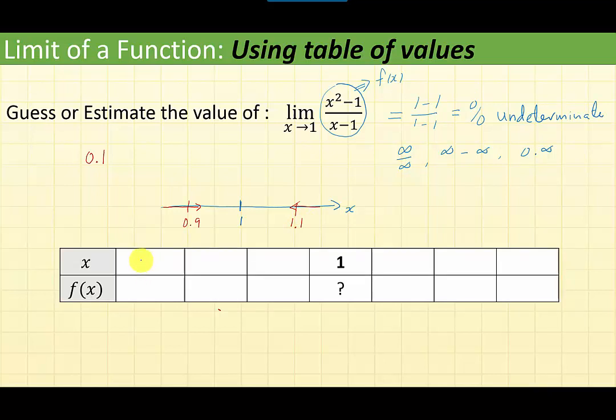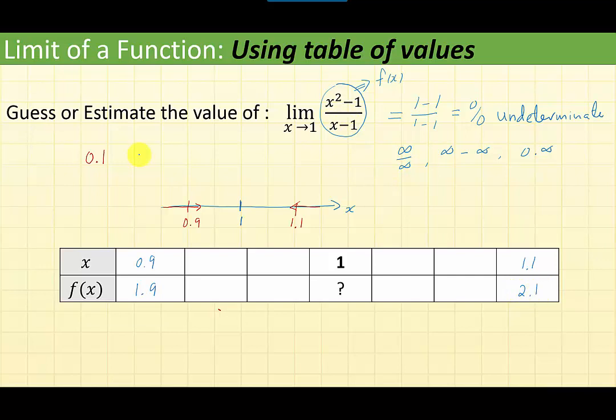When x equals 0.9, and I substitute in the function f of x, I got 1.9. When x equals 1.1, I got 2.1.